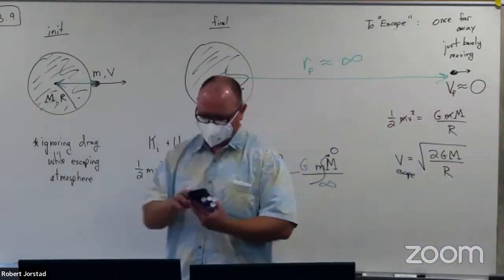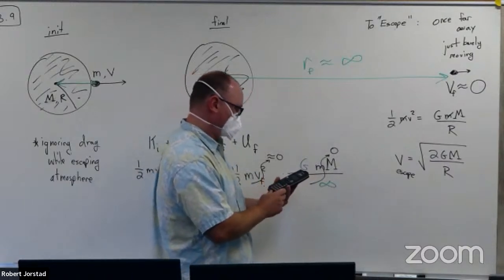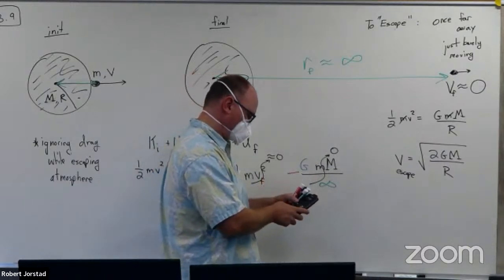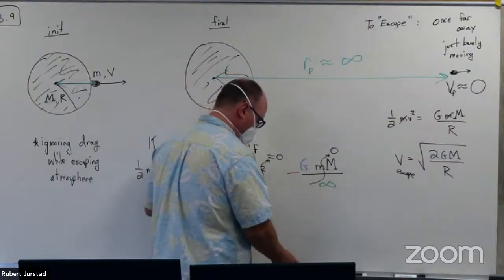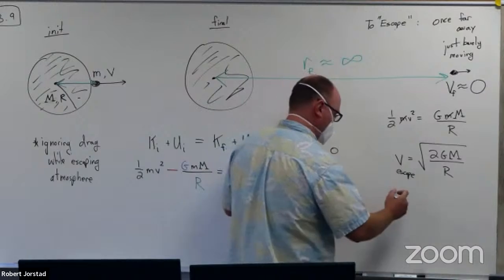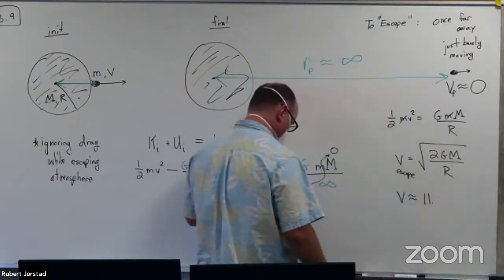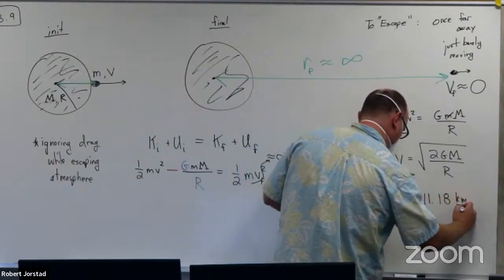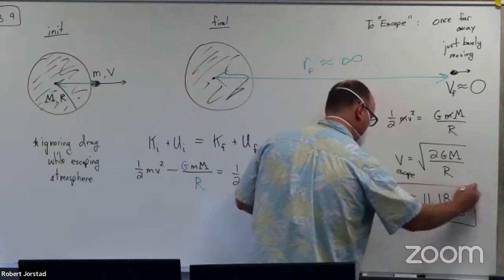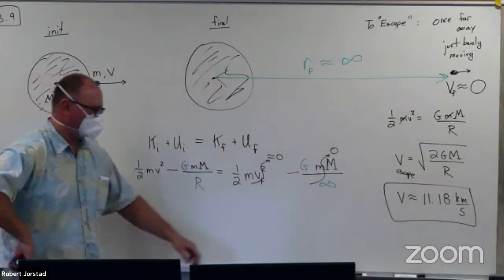So 6370 E3. Then I'm going to square root that. I got 11.2 kilometers per second, approximately. All right, 11,000 is 11 kilometers per second.